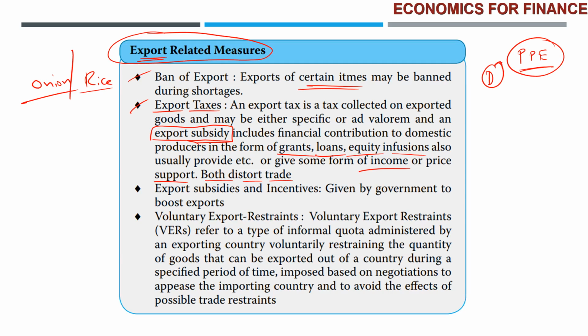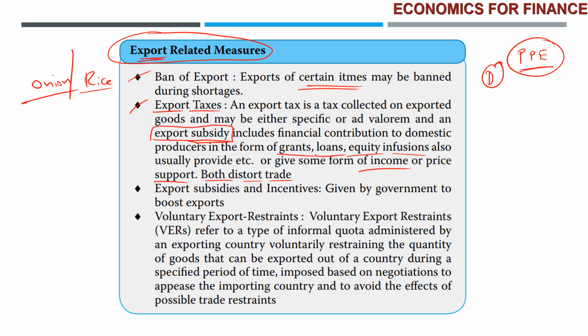Right now, we just need to know that the government has two choices. Either it can do export taxes, where it wants to discourage exports, or it can give export subsidies. Generally, what it does, those are called export incentives, in the form of grants, loans, equity infusions, in the form of giving income to the exporters or price support, which ultimately distort the trade. That is what export subsidy is.